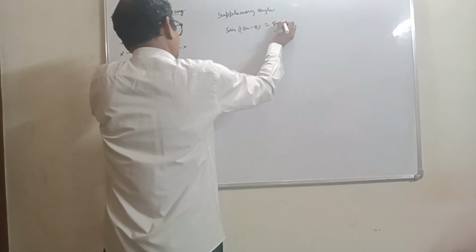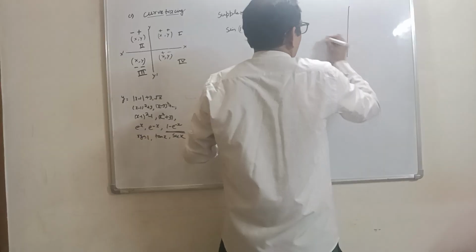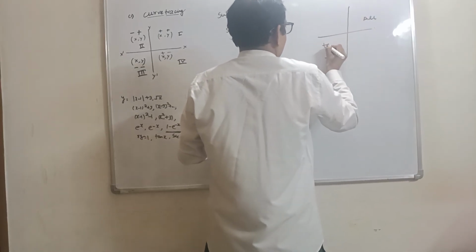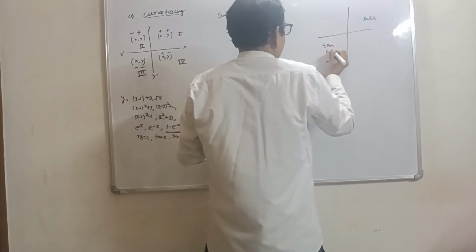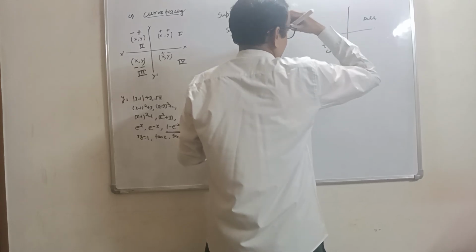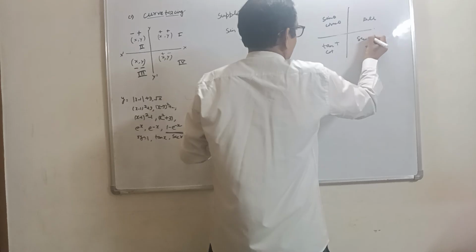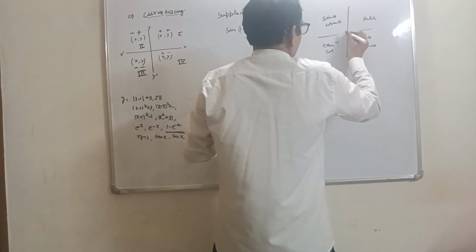In the second quadrant, we know the first quadrant all are positive, here tan and cot positive, here sin and cosec positive, or sec and tan positive.